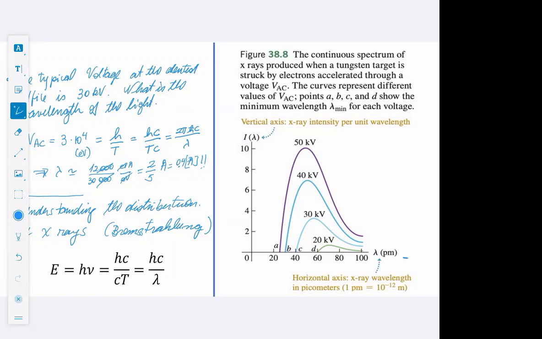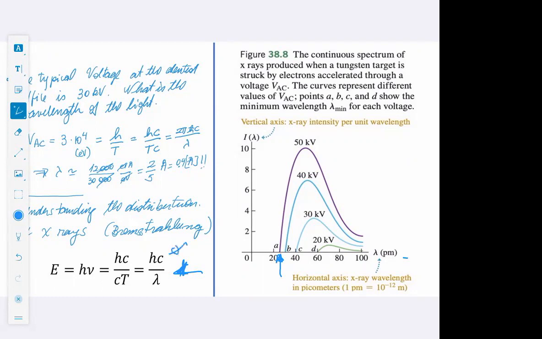You have to be reminded that the energy of the photons is inversely proportional to the wavelength. So this wavelength here is the highest energy in all the graph that I have here, because it's the lowest wavelength.